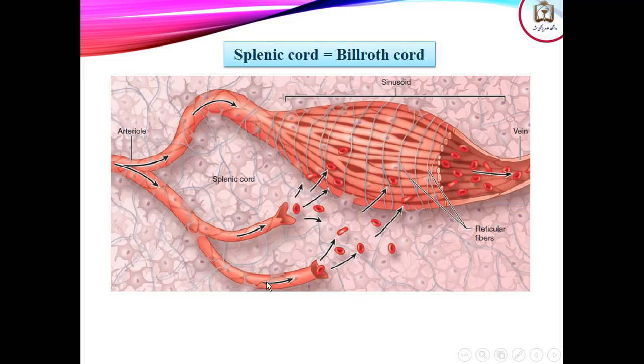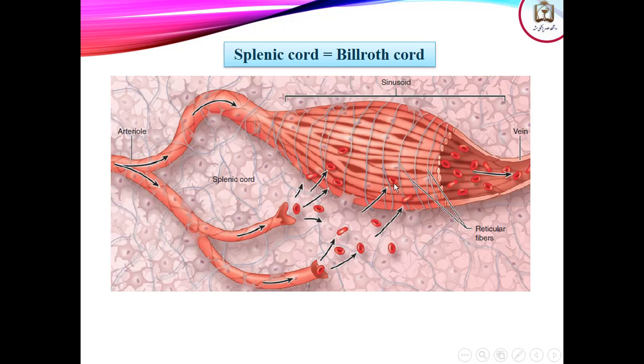And here, as you see, some arterioles are open-ended, and here blood leaves the vessel and runs to the sinusoid to re-enter the vessel. Here the blood cells pass through tiny clefts and pores in the sinusoid to re-enter the vessel.